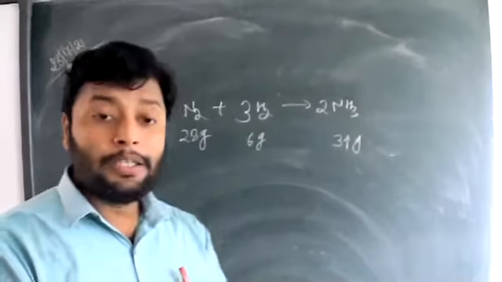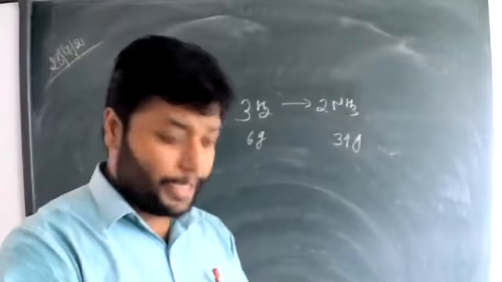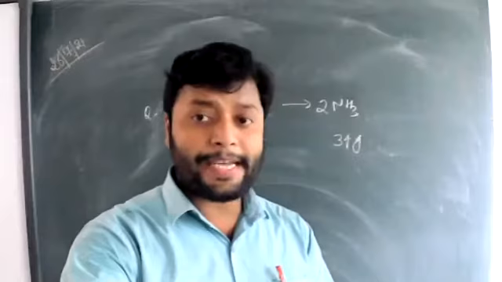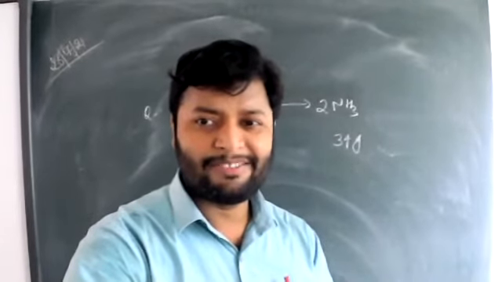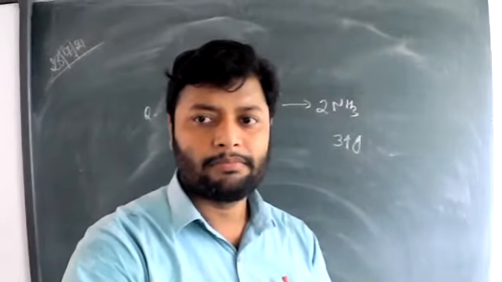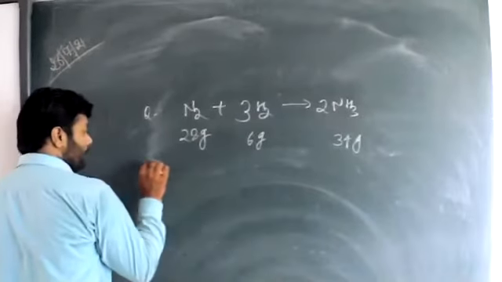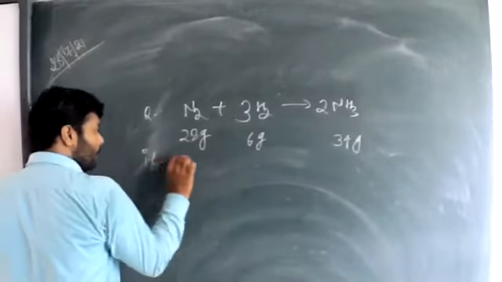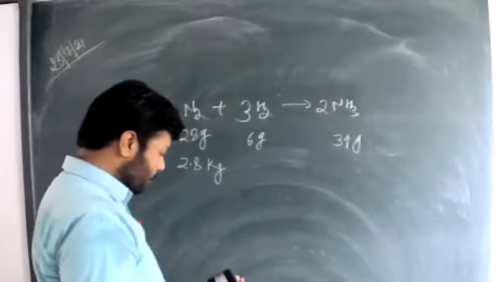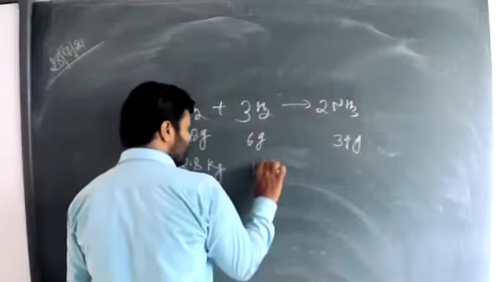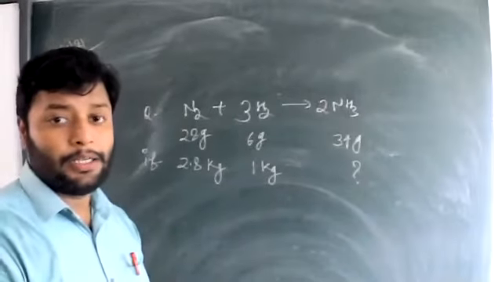Now the question is: 2.8 kilogram of nitrogen and 1 kilogram of hydrogen. Then what will be the ammonia?